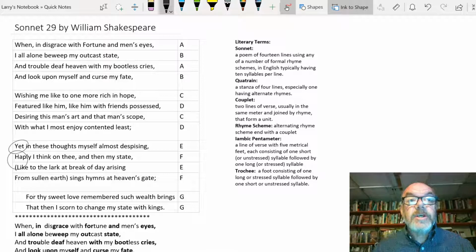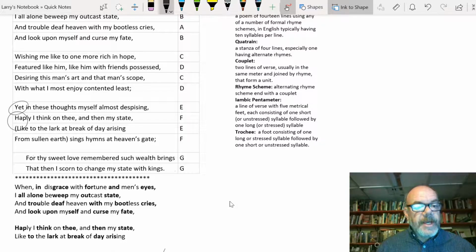Shakespeare here uses, instead of iambic pentameter, he changes the beat. And so typically, if you look below the sonnet, I have the iambic pentameter for you, and we'll scroll up a little bit. All the stressed syllables are in bold.